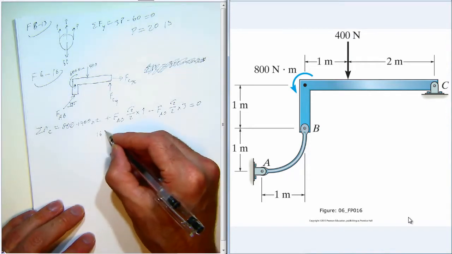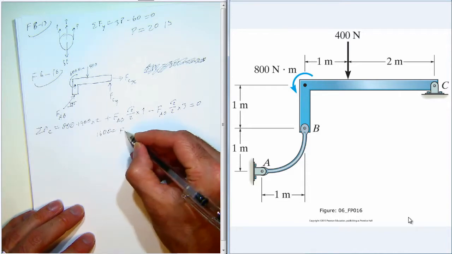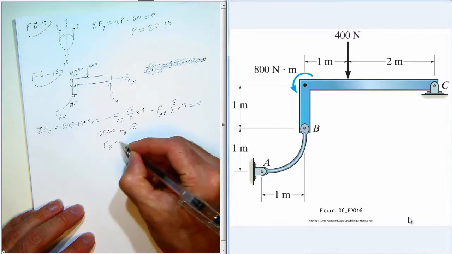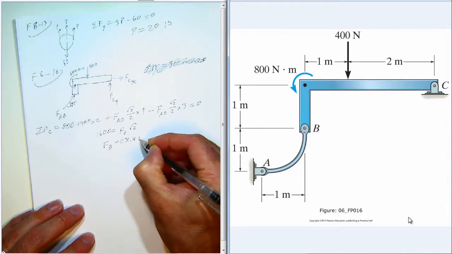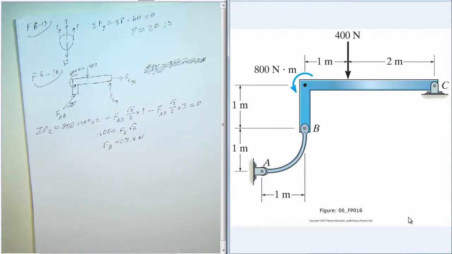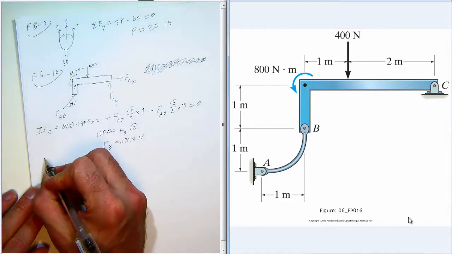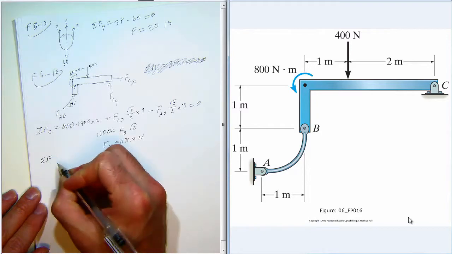So we get that 1600 is equal to FB square root of 2, and thus FB is 1100 newtons. Now we'll do our force balance in the x and y directions.